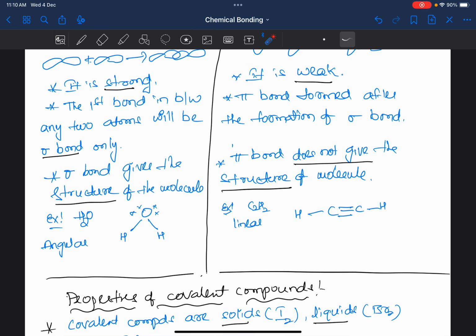The first bond in between any two continuous atoms will be sigma bond only, but pi bond is formed after the formation of sigma bond. Sigma bond gives the structure of the molecule, but pi bond does not. These are the examples.